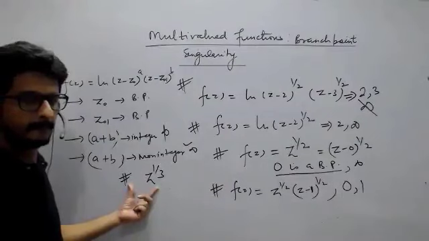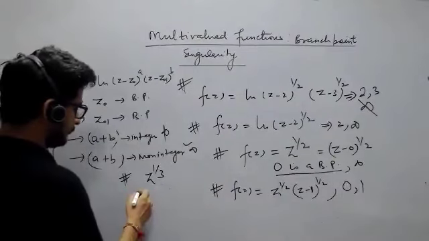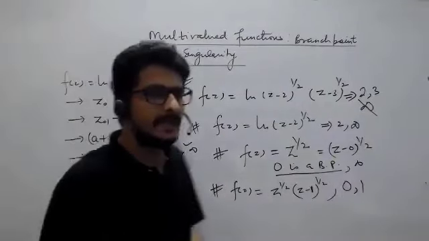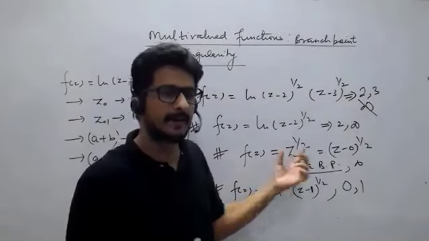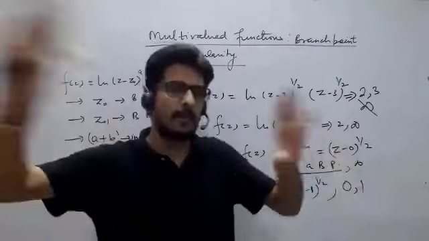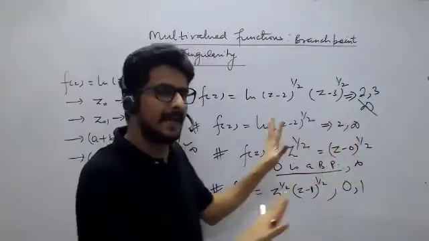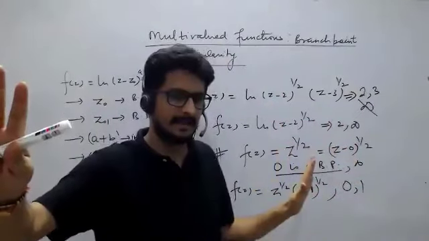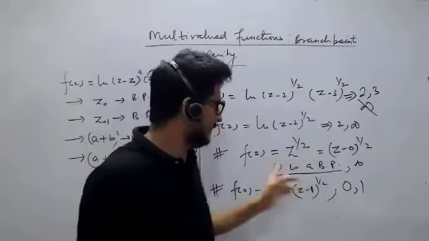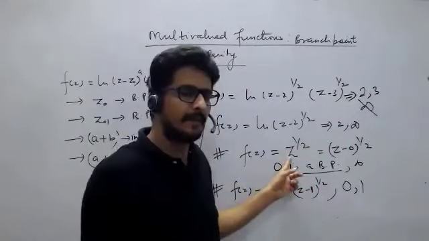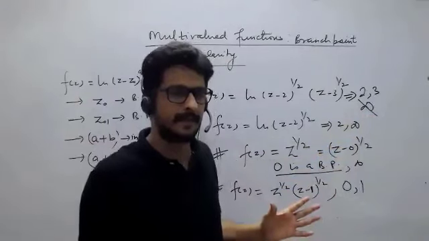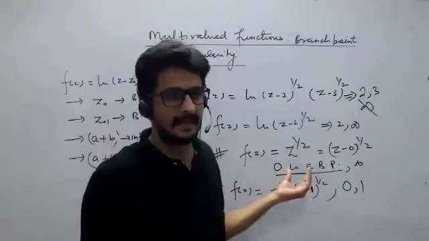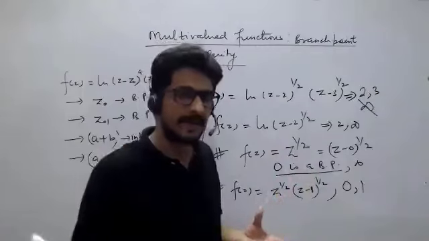This is how it is multi-valued. Because if you try to analyze this z to the power half, suppose you convert it into some omega plane. Like the z plane, we take an omega plane. In the omega plane, suppose z to the power half is equal to omega. So what will be the value of z there? That will be omega square.